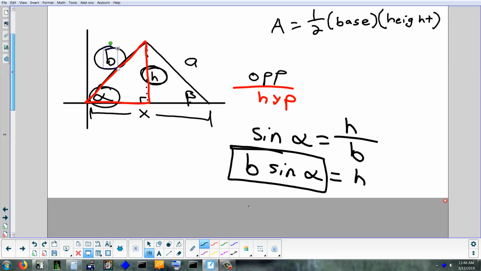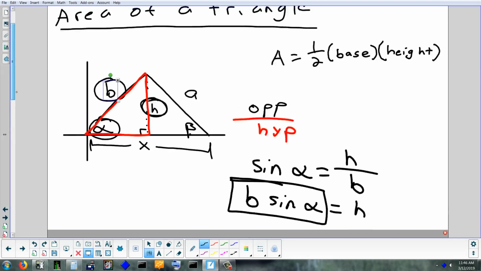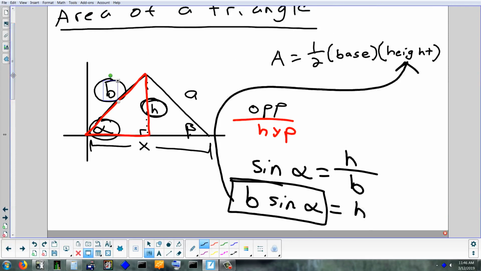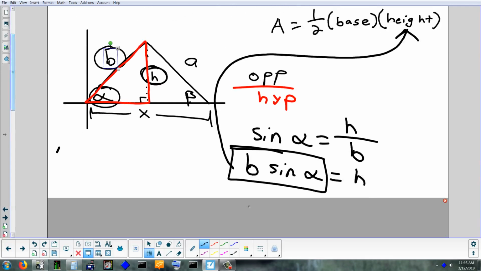It's B sine alpha. So we could plug that in right there and get a new version for the area of a triangle. Area equals 1/2 the base times, now don't put height, don't put H, put the formula right here: B sine alpha.